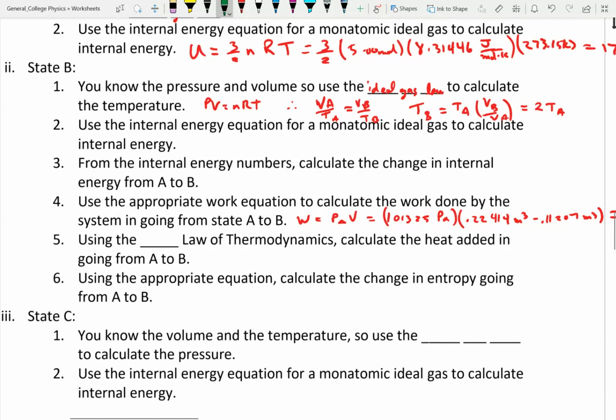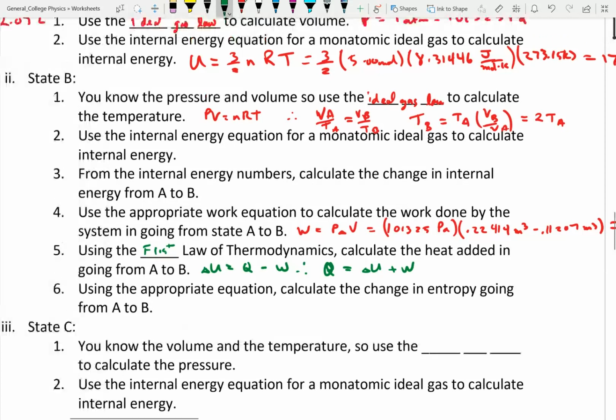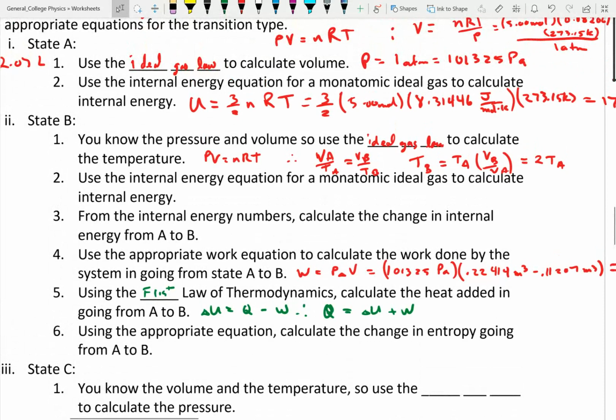The way that I chose to do this here, I was using the first law, and you have delta U equal to Q minus W. Therefore, Q is equal to delta U plus W. This is the isobar.